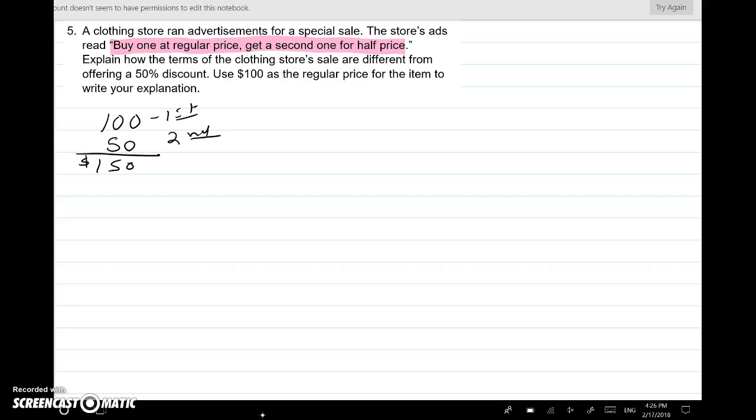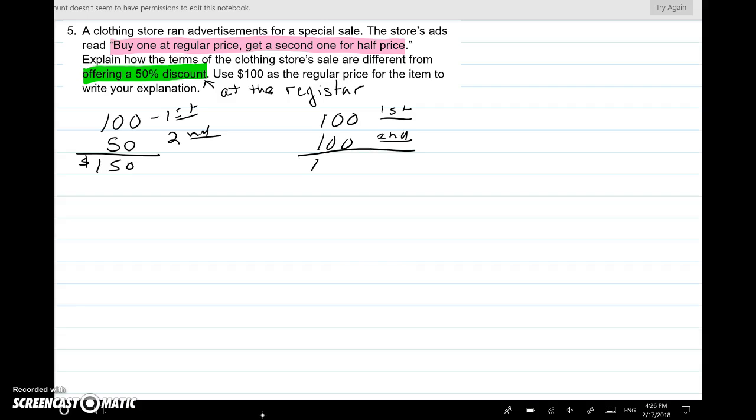Okay, let's see what the second option is. Explain different from offering a 50% off discount. This discount is at the register. That means it's not 50% off of each item. It's 50% off your total. So $100 for my first item, $100 for my second item.